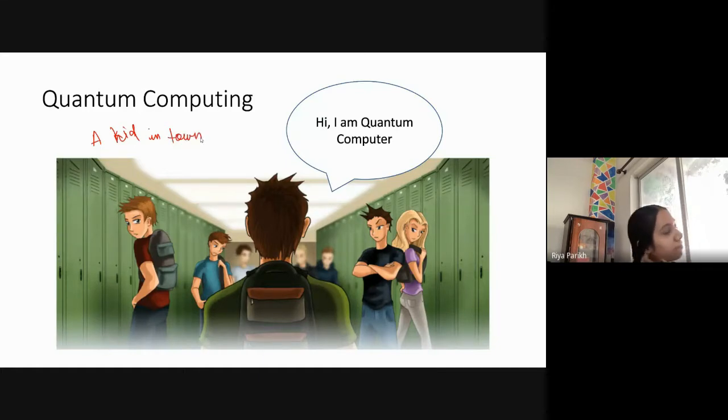Before that, what is a quantum computer? Is it similar to our own desktop computer that we know, or is it different? We'll study it in comparison to our current computer so that we can compare it on a case by case basis.